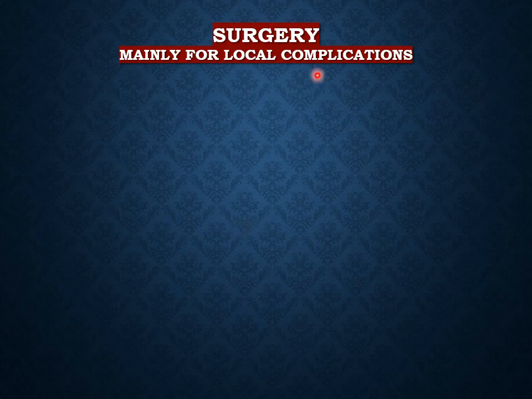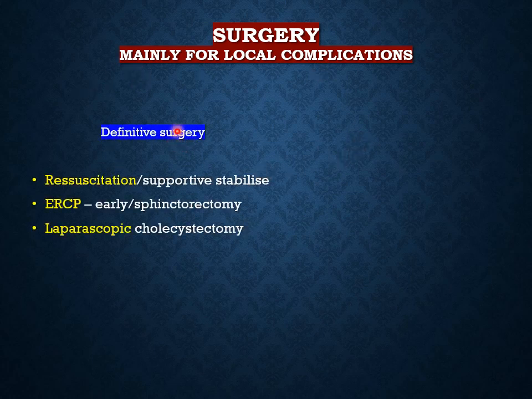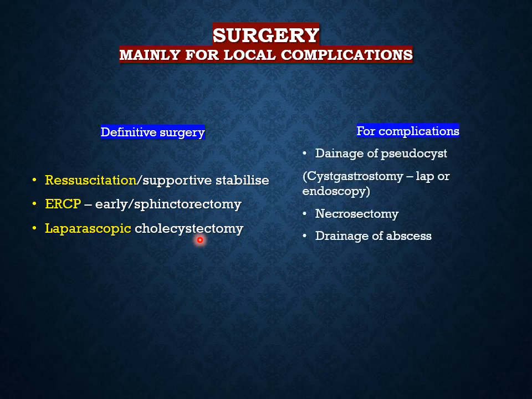Surgery for local complications, definitive surgery. Initially, you subject the patient to aggressive resuscitative and supportive care to stabilize the patient, early ERCP and sphincterotomy, followed by laparoscopic cholecystectomy to remove the gallstones.